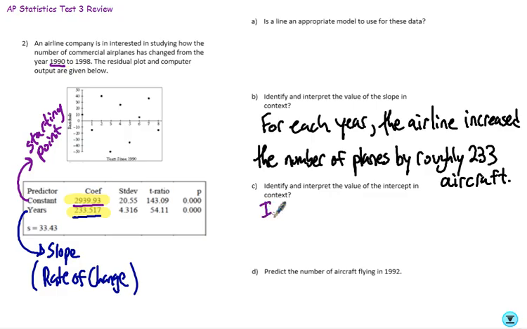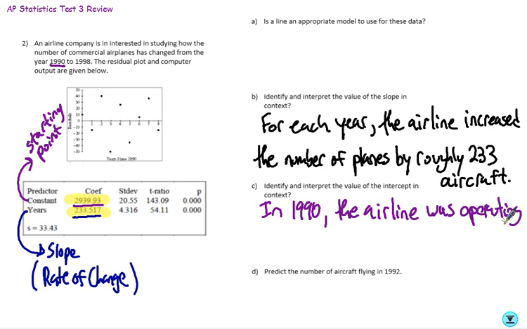So what we could say is that in 1990, the airline was operating roughly, again because this is an estimate, 2,939 aircraft. So again, that's our starting point. So we're saying that this airline started off with almost 3,000 airplanes in their fleet, and then increased that by roughly a little over 200 each year.